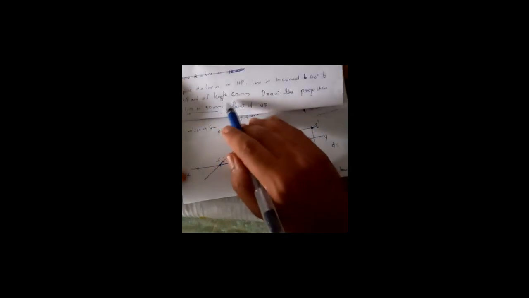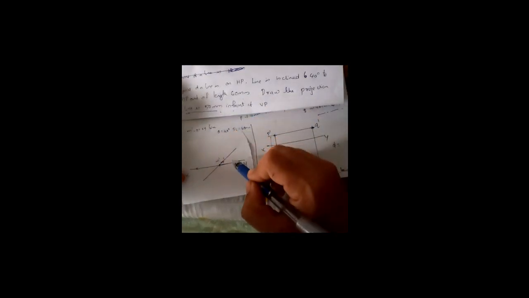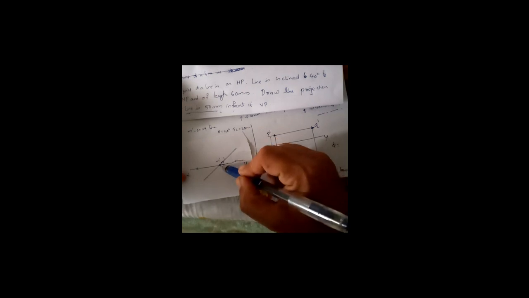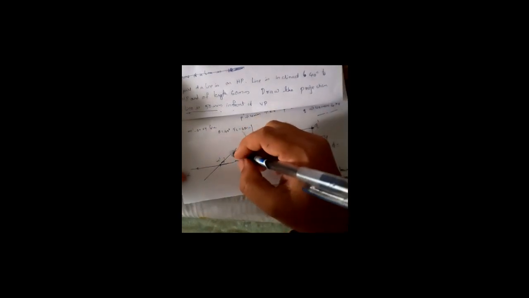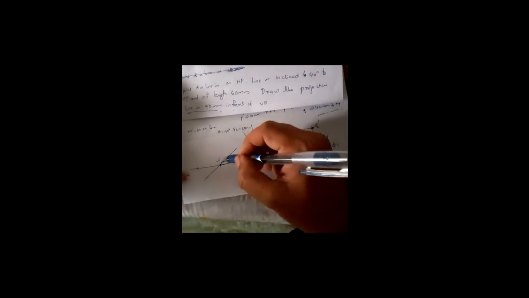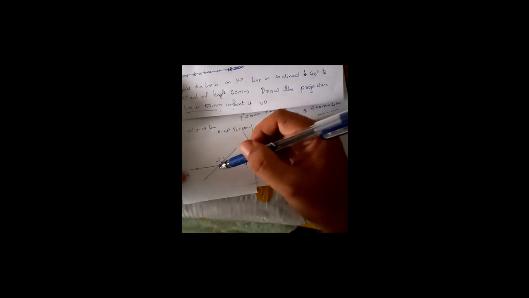In the question it is given that the true length is 60 mm. If this point is the midpoint, we can say it's 30 mm towards both the ends, that is, half of 60 mm.